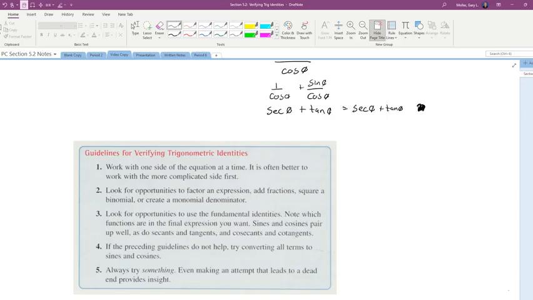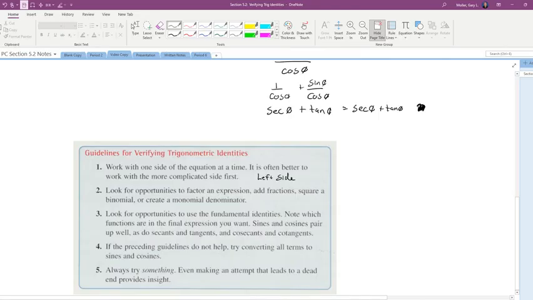So rule number one, it says work with one side of the equation at a time. It's often better to work with the more complicated side first. In general, that's a good statement. For us, we are always going to do the left side, but everything else in that statement is good.